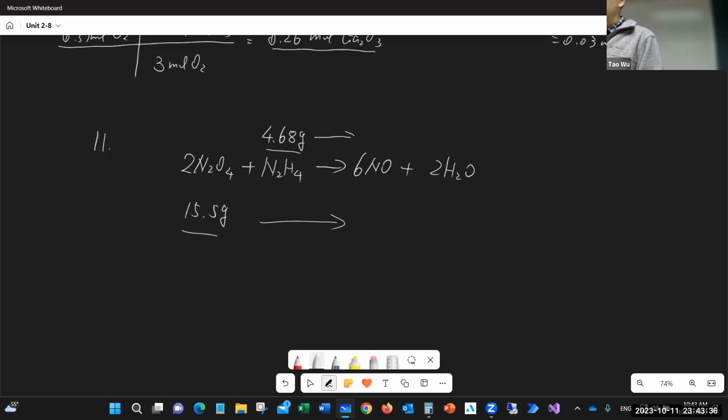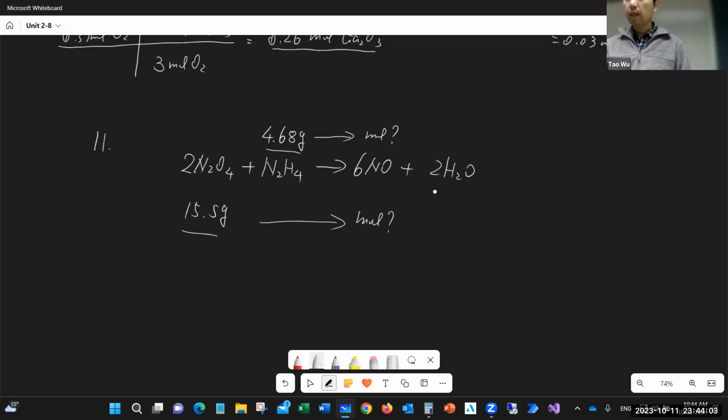And if we use up all the grams of the N2H4, how many moles of the NO do we produce? We compare which one is smaller, and then we can determine which one is the limiting reagent. And meanwhile, we will figure out the theoretical yield. That makes sense, right?